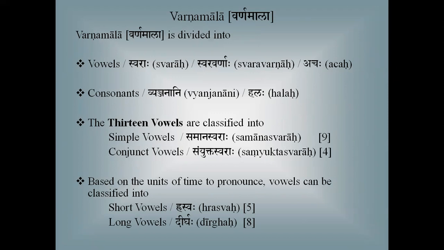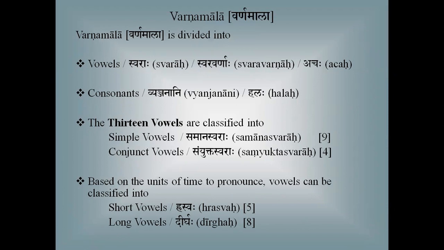Okay, we will have a quick summary of what we have seen in the last 3 classes. The letters of Saṃskṛtam are written in Devanagari script, which is called Varnamala or Aksharamala, and Varnamala is classified into vowels and consonants distinctly. Vowels are called Swaraha, Swaravarnaha or Achaha.